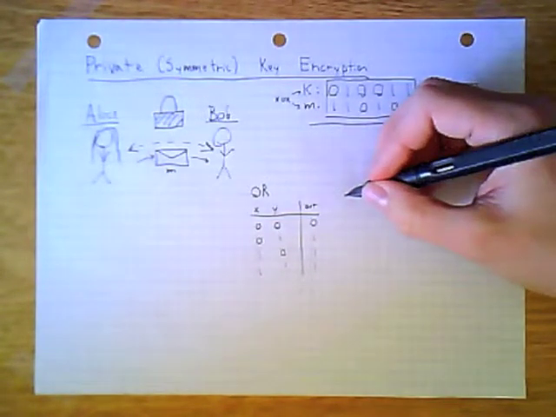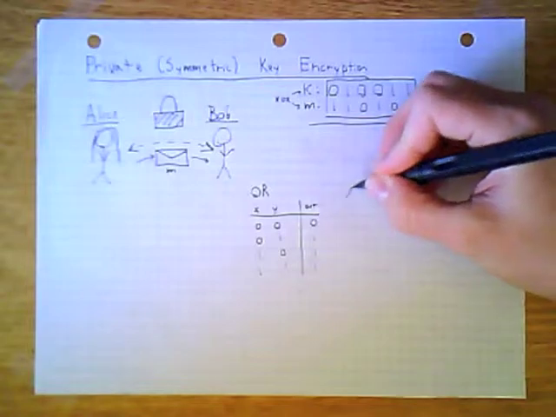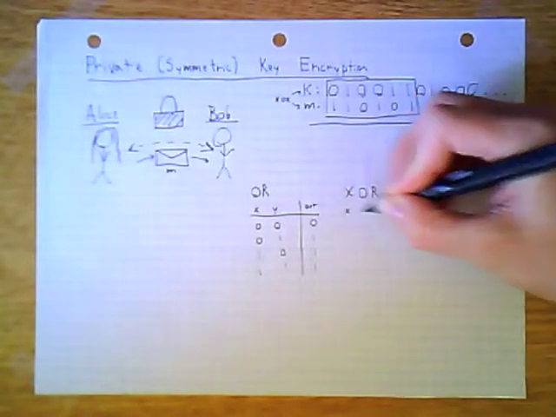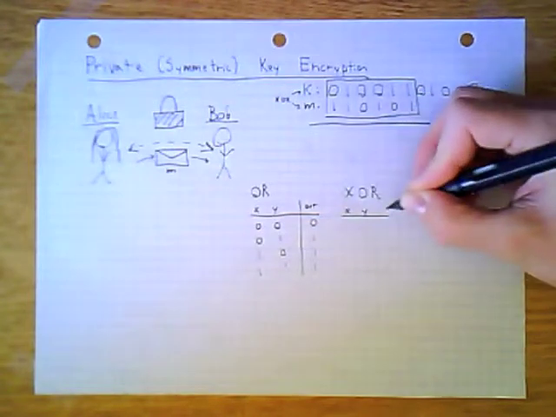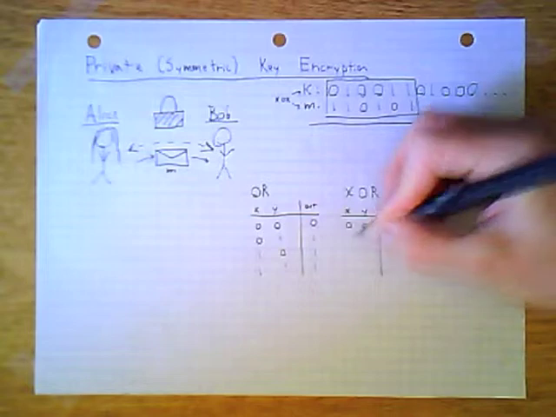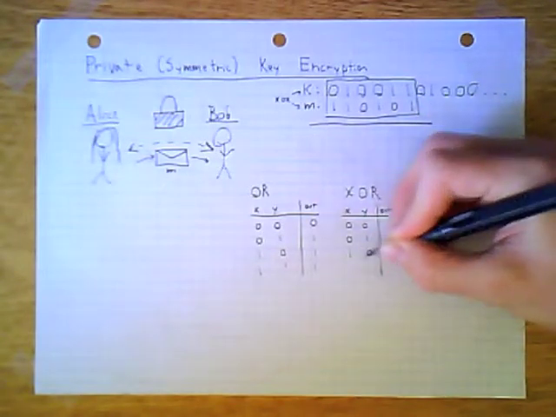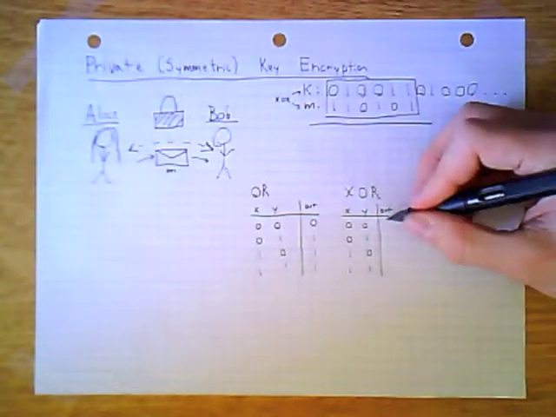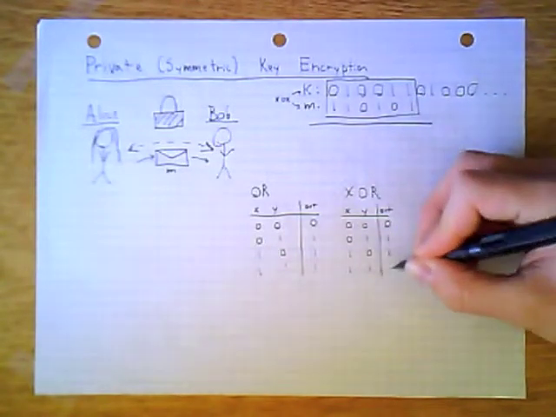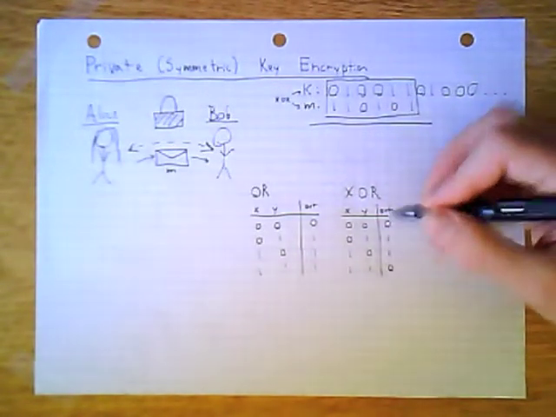XOR is similar, but different in one case only, and we'll show that right now. XOR stands for exclusive OR, which you'll see why in just one second. So let's set up the same table as we did before. And the outputs for the first few remain the same, 0, 1, 1, but the last one is different, and here's why.